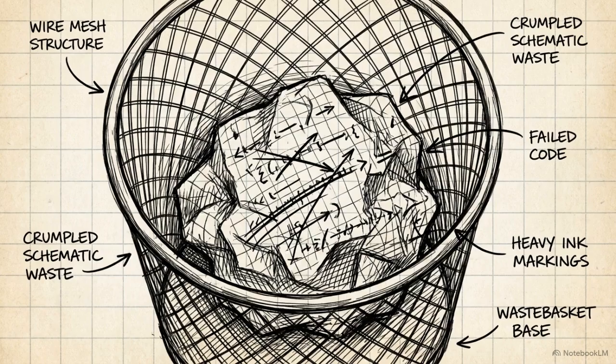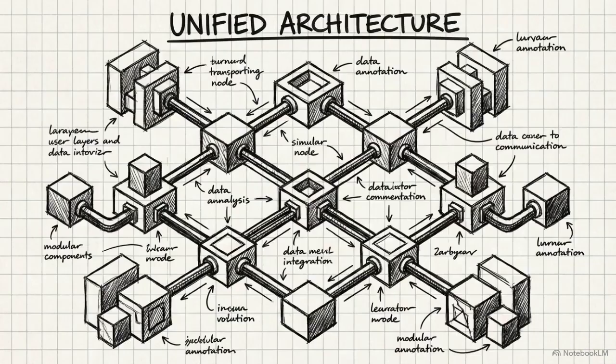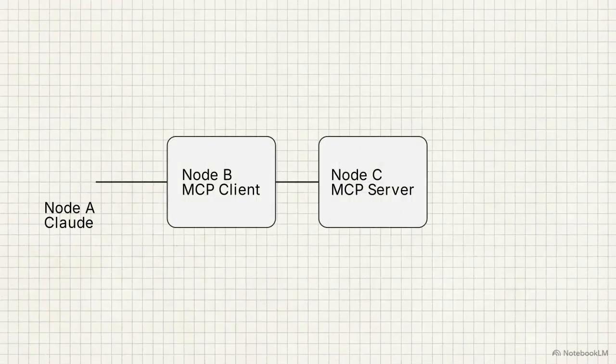Adopting MCP requires moving away from writing custom integration scripts and instead designing your AI applications around a robust, standardized networking protocol. This architectural diagram shows the baseline topology of the protocol. Notice that Claude, Node A, never interacts with external systems directly.